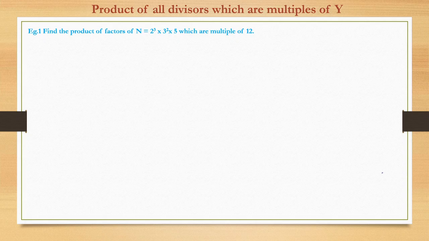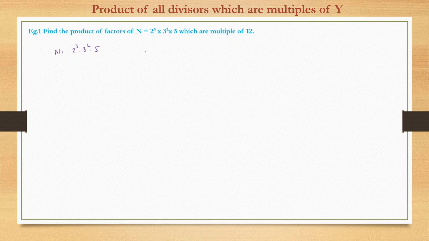Now we'll see how to find the product of factors of n which are multiples of 12. So n is given as 2 raised to power 3 into 3 raised to power 2 into 5. We saw a similar question to find the product of factors which were even numbers, meaning multiples of 2.